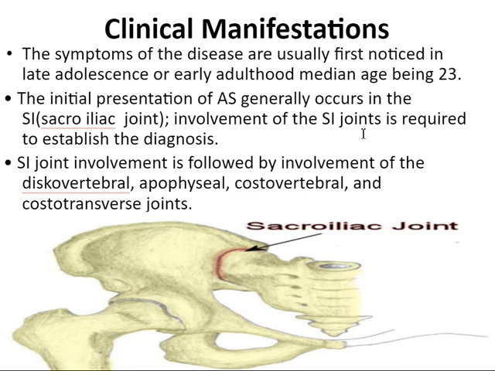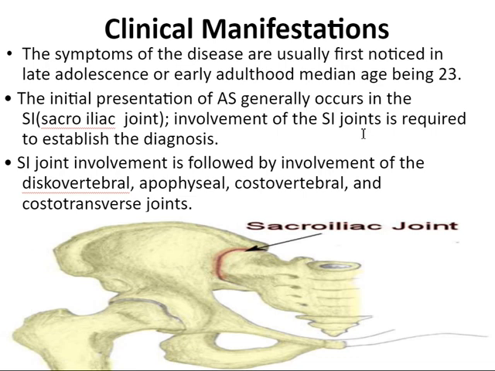Symptoms are usually first noticed in late adolescence or early adulthood. The patient usually presents with dull pain felt deep in the lower lumbar or gluteal region, and it will be more in the morning hours, and there will be early morning stiffness. That is the most important point to be noted.